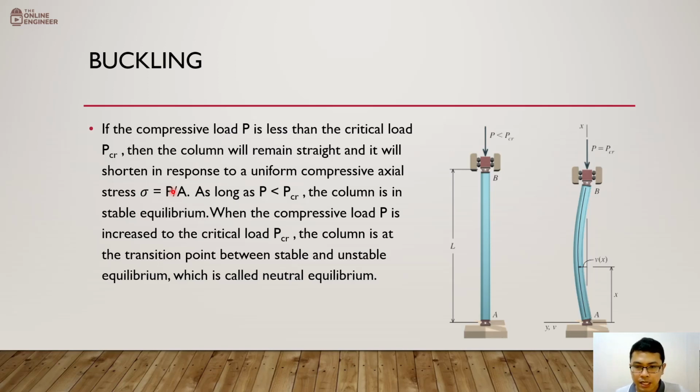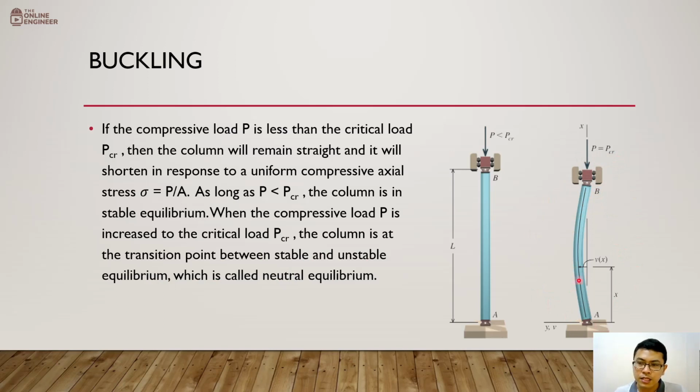of materials. However, when the compressive load P is increased to the critical load PCR, the column is at the transition point between stable and unstable equilibrium, which is now called neutral equilibrium. So it's now under this condition. This is now P equals PCR. As you notice, there is now some buckling going on over here.